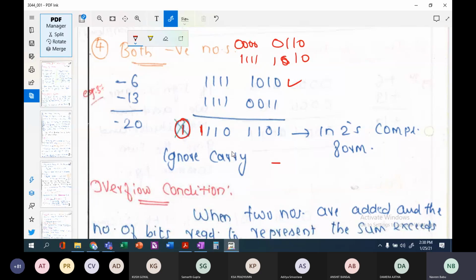Since you are getting a carry, you will ignore this carry. And what is the equivalent complement of this particular number? This is equivalent to 20. So in 2's complement form, this value is equivalent to 20. So this is how you perform the subtraction of two binary numbers. Any doubt?